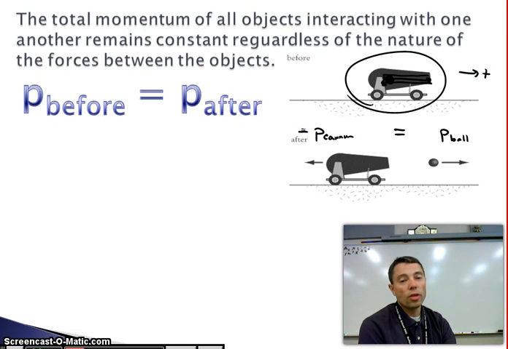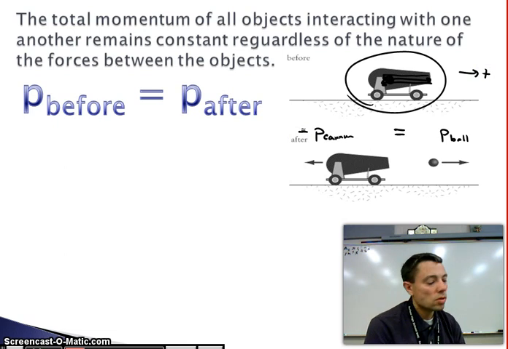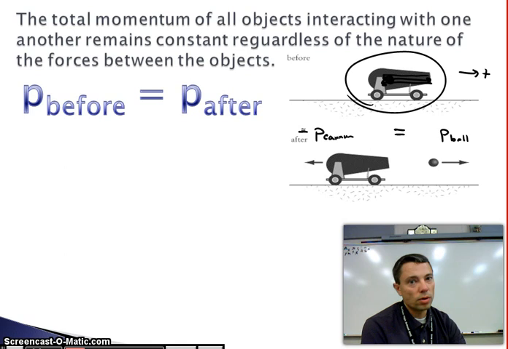So the sum of the momentum is still equal to 0. The momentum before is equal to the momentum after. Typically, when we solve this, we say that the momentums are equal. I like to drop the negative sign because I want to look at the two values being the same, understanding from my picture that one is in the opposite direction of the other.